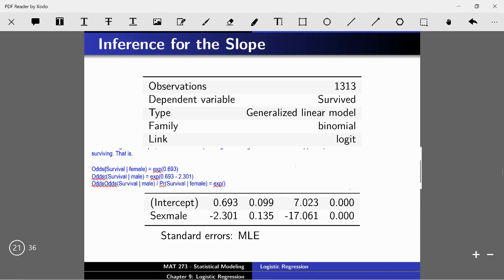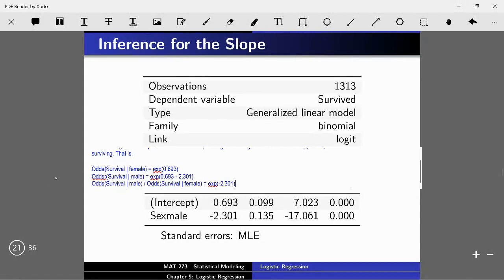All right. And then, bear with me here, sorry. So this is the odds ratio for survival, males versus females.